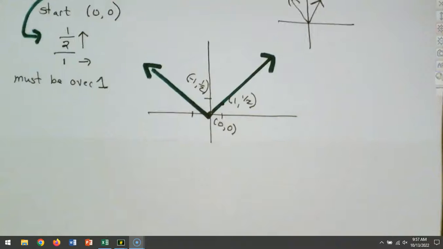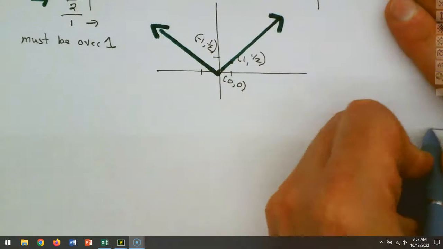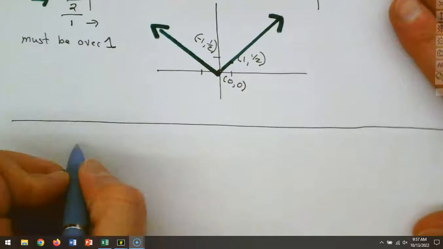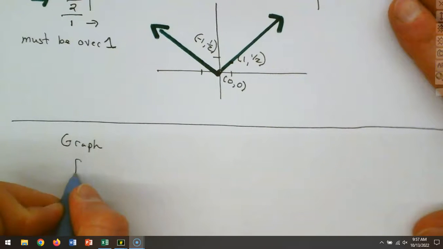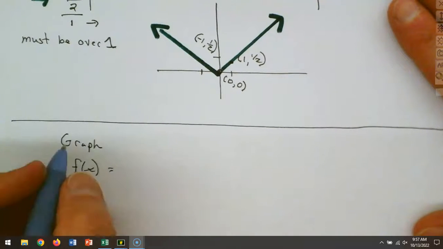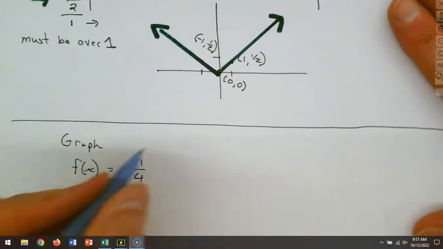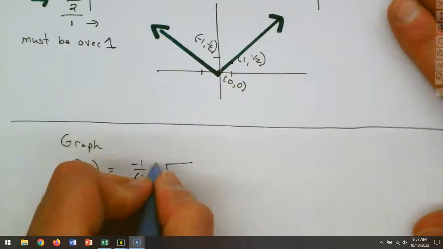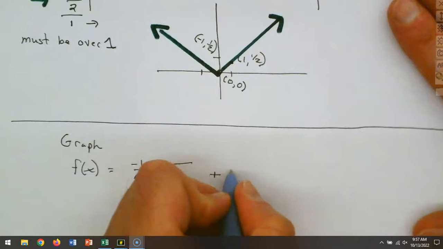Okay, let's do another one. And then we'll add more. Let's try to graph f of x equals, how about minus 1/4 times the cube root of x plus 2.